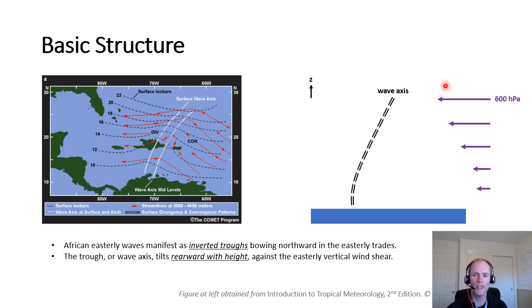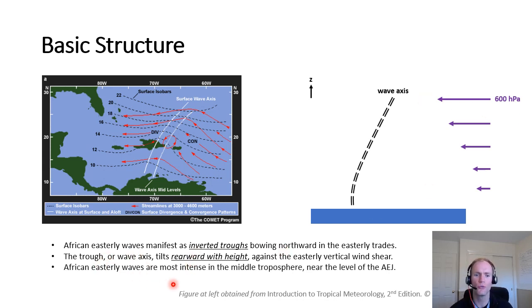But note that with the African easterly jet, even extending out into the Atlantic Ocean, we typically have an easterly vertical wind shear. The easterly wind becomes stronger as you go upward with height. And so this wave axis tilts backward toward that stronger wind at higher levels.